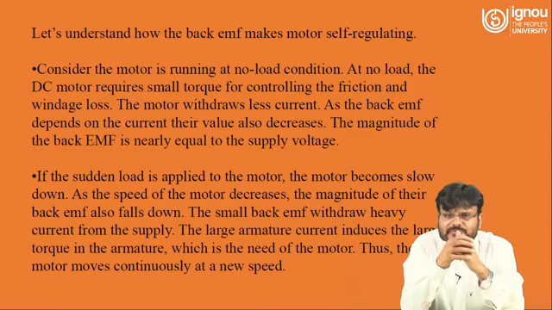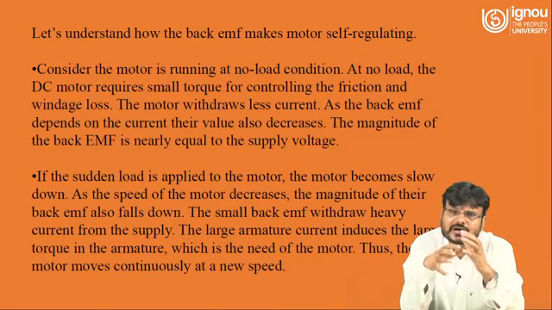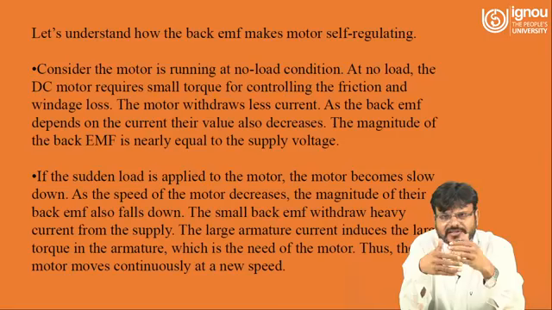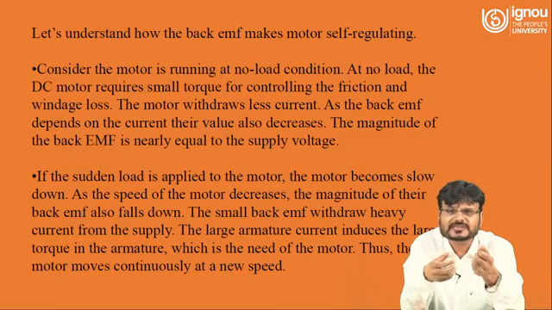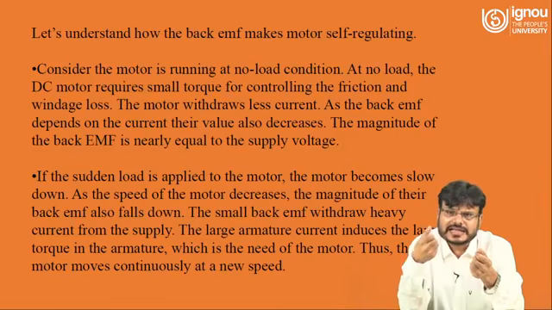What is the meaning of that? You are increasing the load on the lift, so the motor is not moving. Similarly, you can understand the railway traction system. If passengers are more, that means the load is increasing, so the motor will draw extra current.